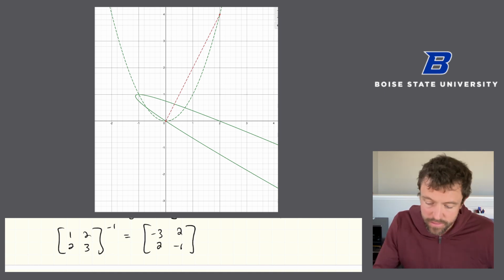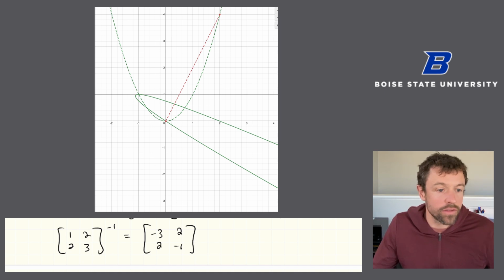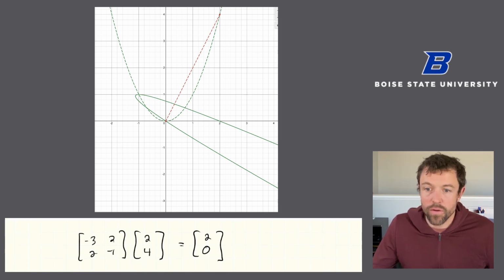Under this map, the vector 2, 4 gets sent to 2, 0, and that's this red vector right here. So we're mapping this point on the parabola to this point on the other parabola.